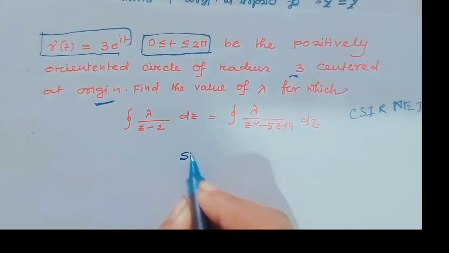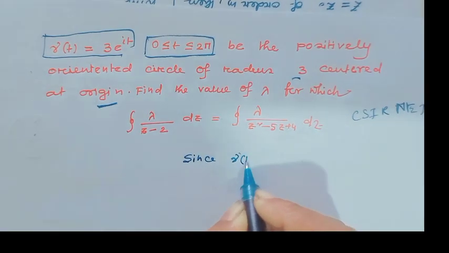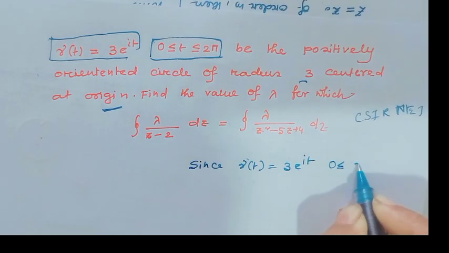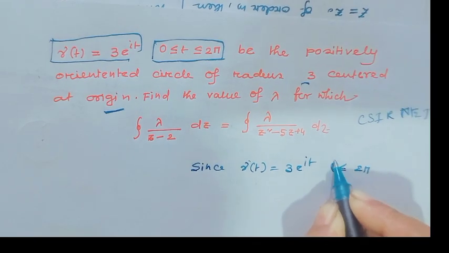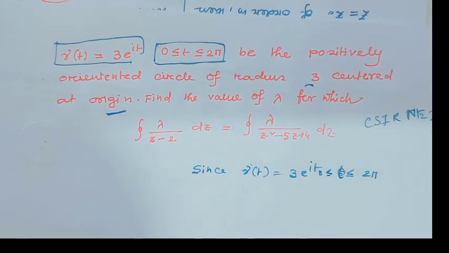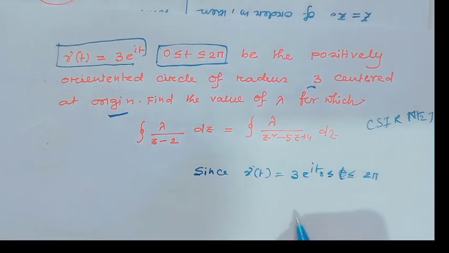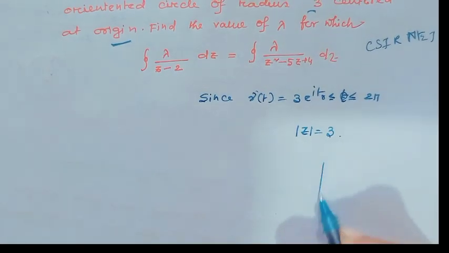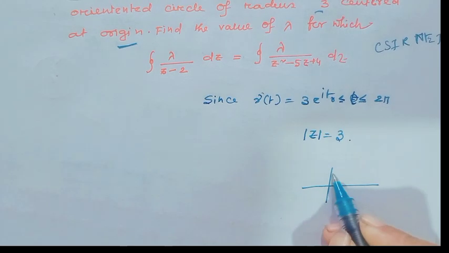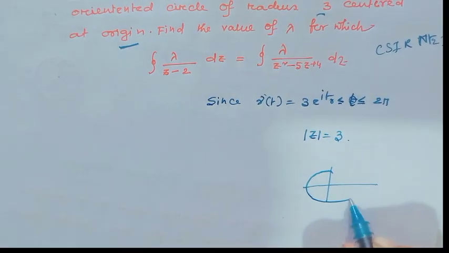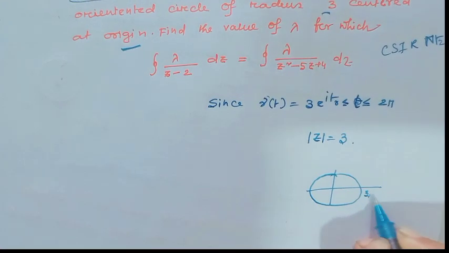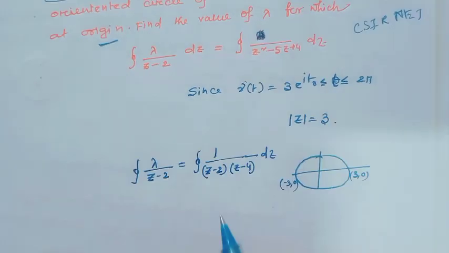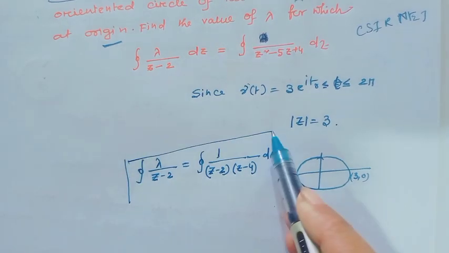Since gamma of t equals 3 e to the power i t, where t lies between 0 and 2 pi, the circle here is mod z equal to 3. That means the circle with center 0 and radius 3. And here is the given equation.